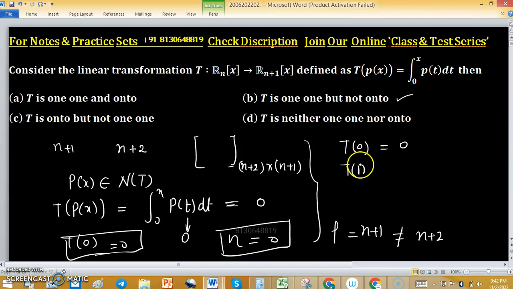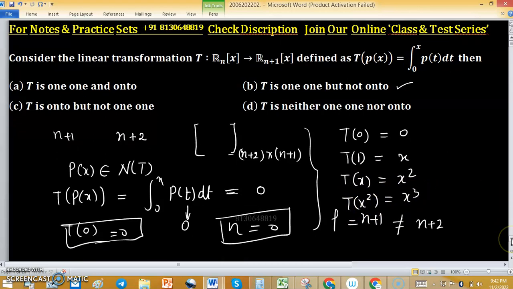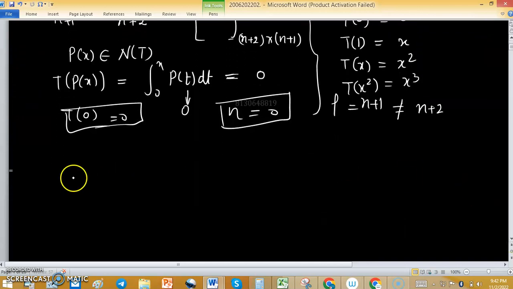So the first basis element is 1, and T(1), the image of this, is x; the image of x is x squared, the image of x squared will be x cubed. And the structure of the matrix representation of this linear transformation has rows for 1, x, x squared, and so on up to x raised to the power n plus 1.